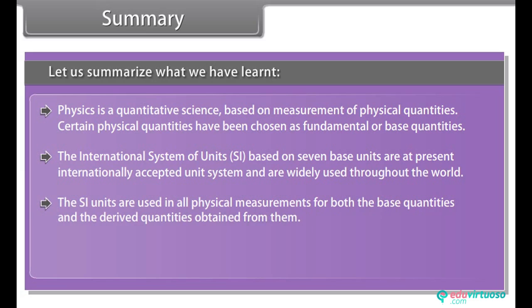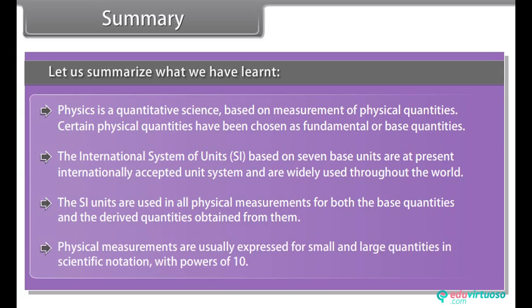The SI units are used in all physical measurements for both the base quantities and the derived quantities obtained from them. Physical measurements are usually expressed for small and large quantities in scientific notation with power of 10.